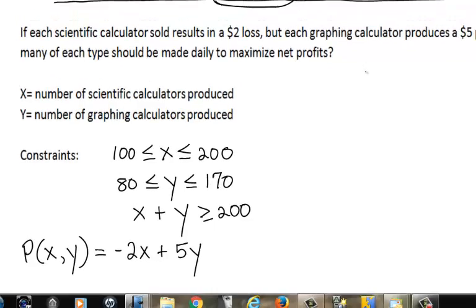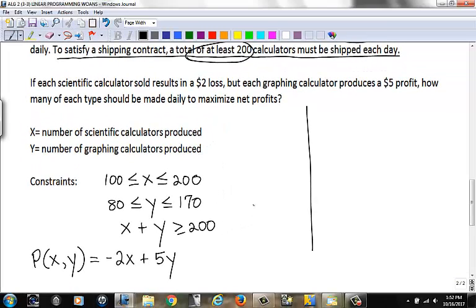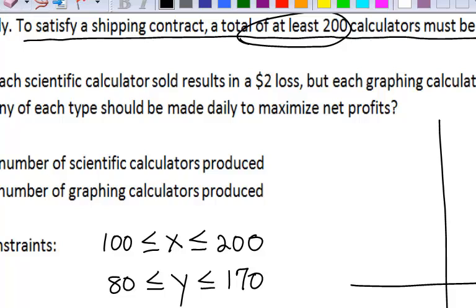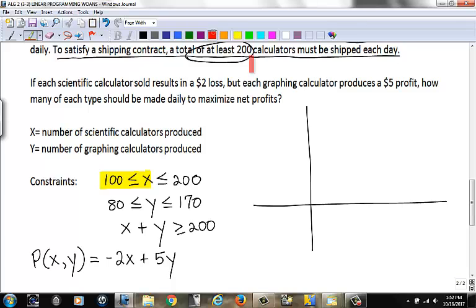Now we're just going to do a little sketch of the graph over here, but not on graph paper. Just in general. If I said x equals 100, what kind of a line is that? Vertical line at x equals 100. So this is my x equals 100.